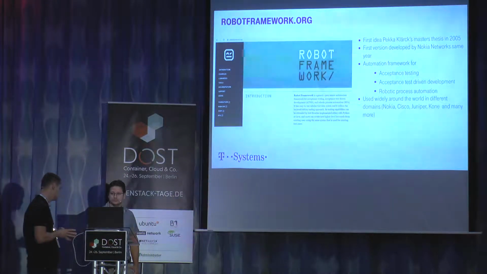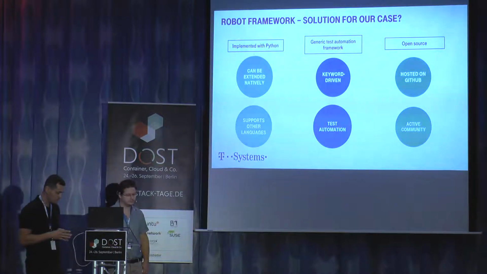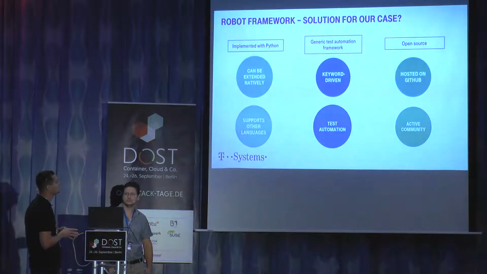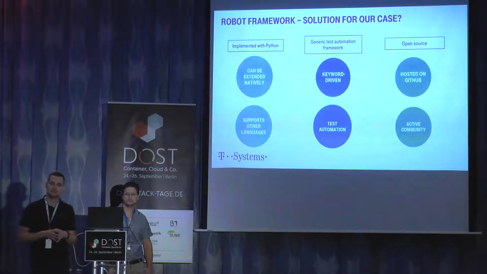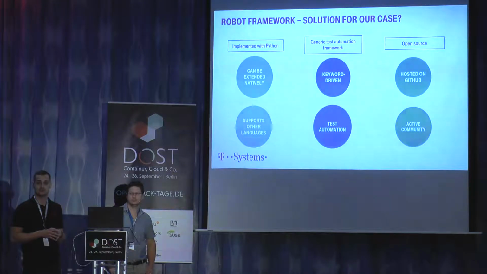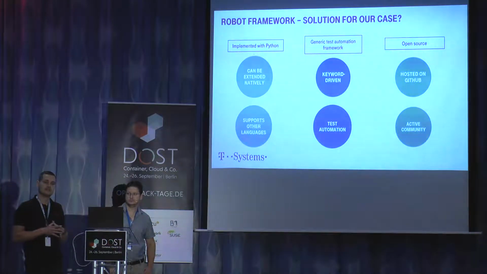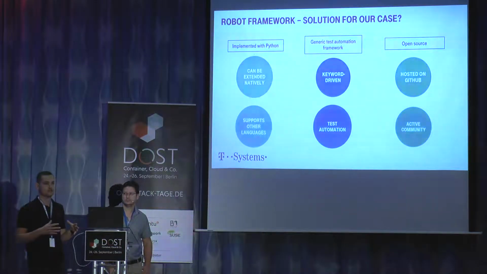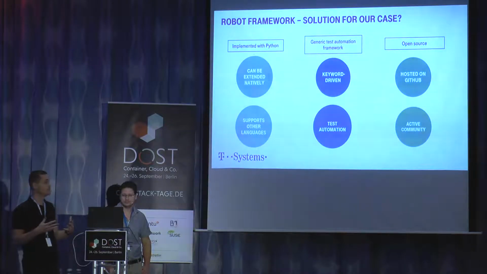If you go further, some important information. It is a keyword-driven framework, which means that each test case is represented with a set of keywords or action words. Those keywords are then represented by a set of actions. Those actions describe what exactly should be tested and in which way.